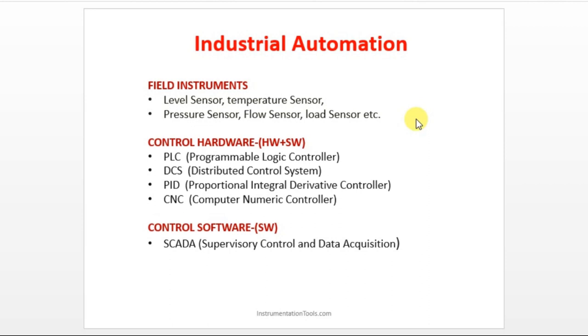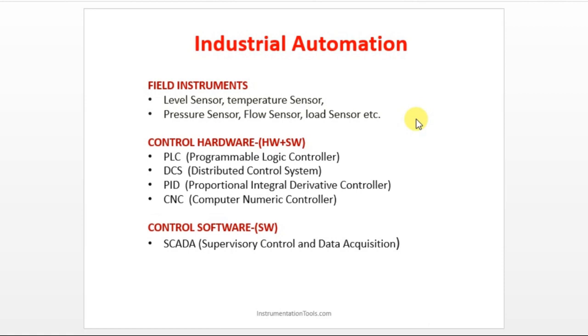And by using these field instruments, how are we going to control? We want some controller, right? For example, if the temperature is going above 90, I want to increase the flow of the water. That's our case, right?